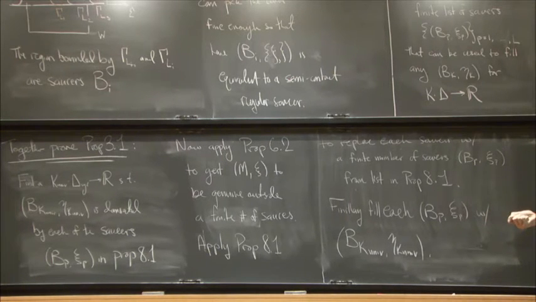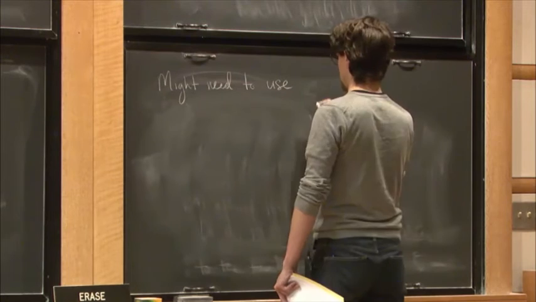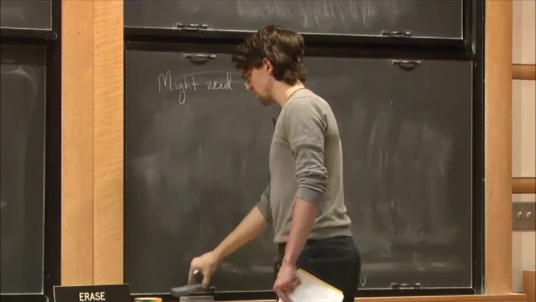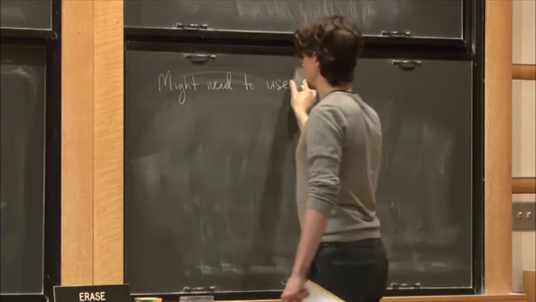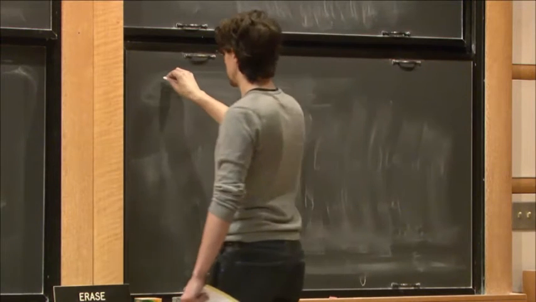But as I change the original almost contact structure, I might need the k's to become more and more negative, or closer and closer to 0 near the boundary. It's not clear.